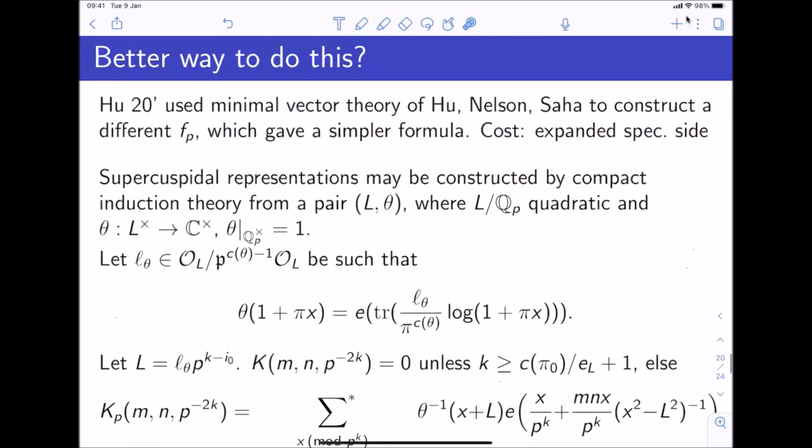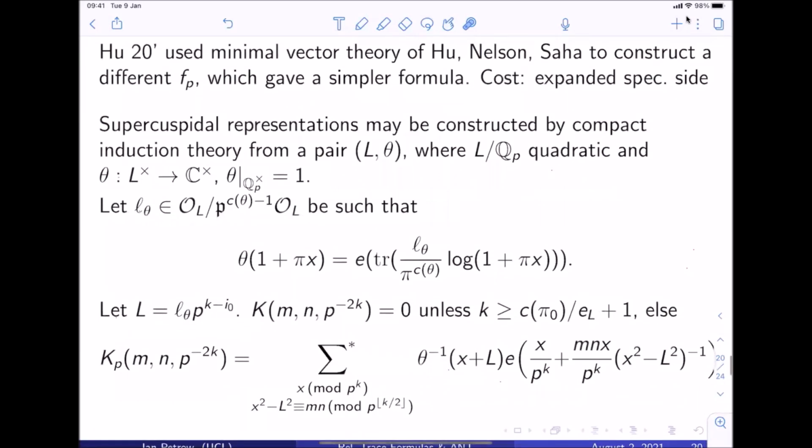I should mention there's perhaps also a better way to do this than just picking a single matrix coefficient as my test function in this general Fourier trace formula. Yuke last year used minimal vector theory, which has been spread across a few papers due to Hu, Nelson, and Saha, sometimes together and sometimes in separate papers.